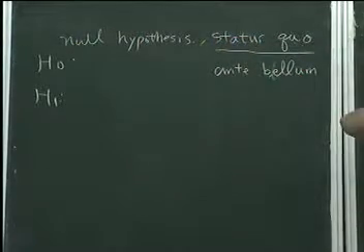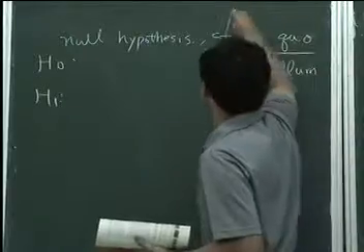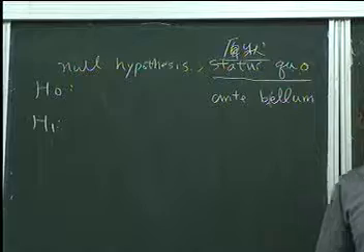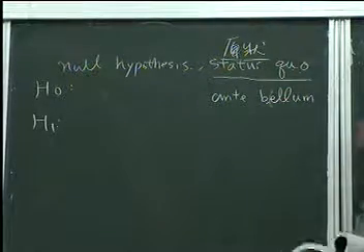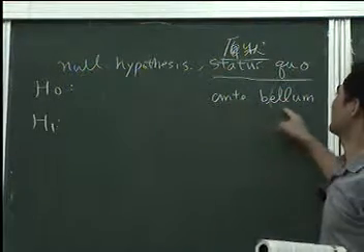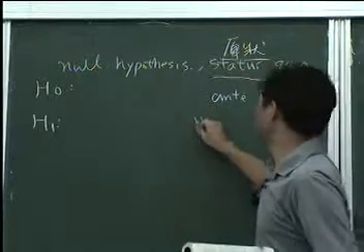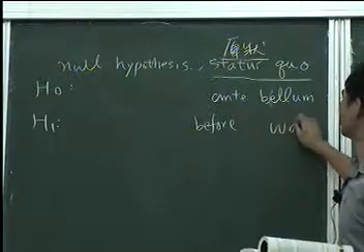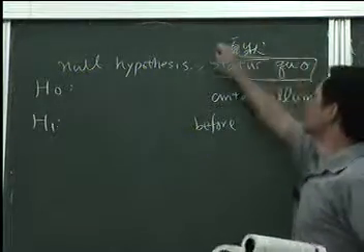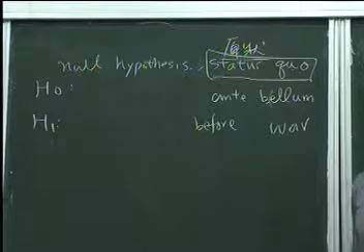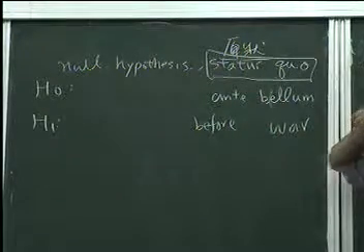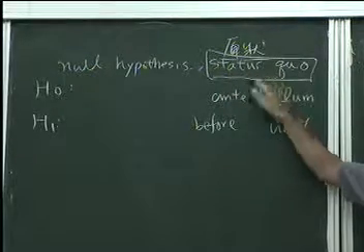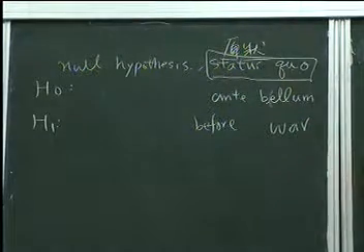Status quo means the original situation. Ante means before, and bellum means war. So oftentimes we just say status quo, which means the original condition. But the original meaning is status quo ante bellum.